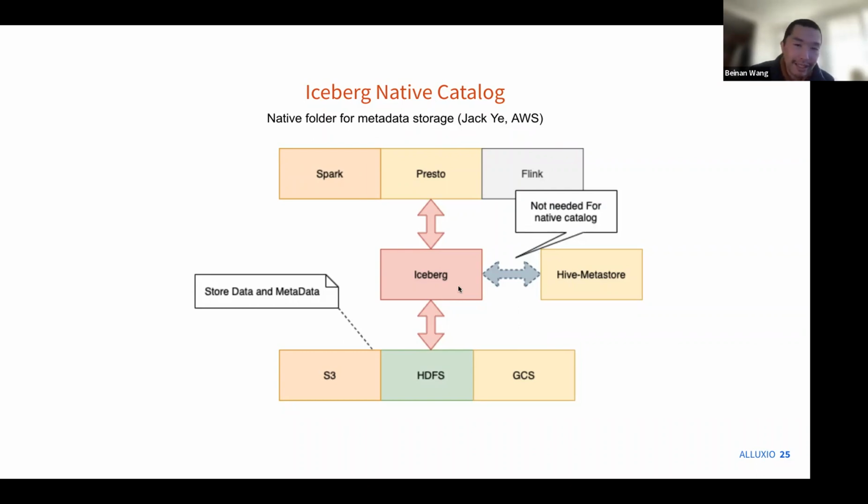That means for every table, we need to store some entries in a MySQL or Postgres database. Then the Hive metastore can give us a location, so Presto knows where to query the data.